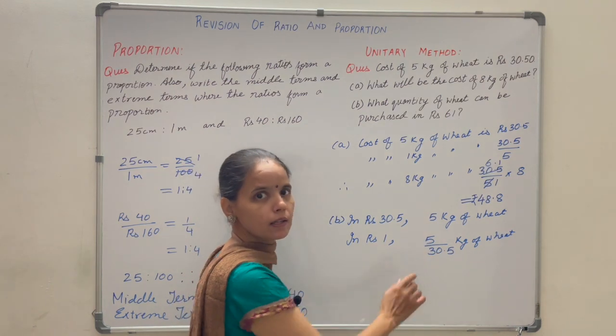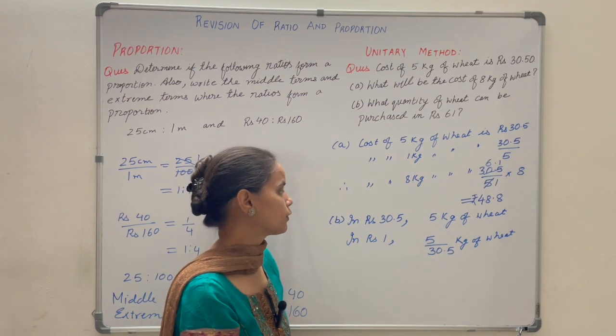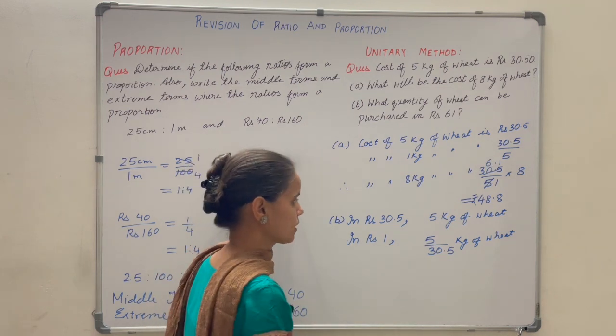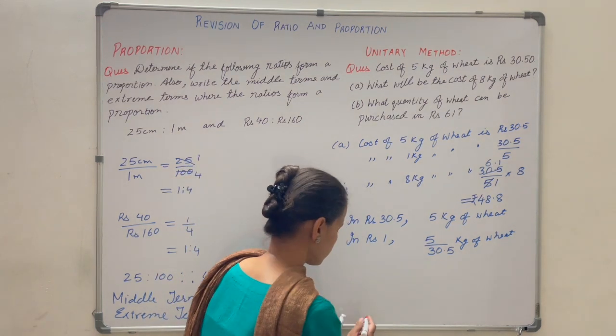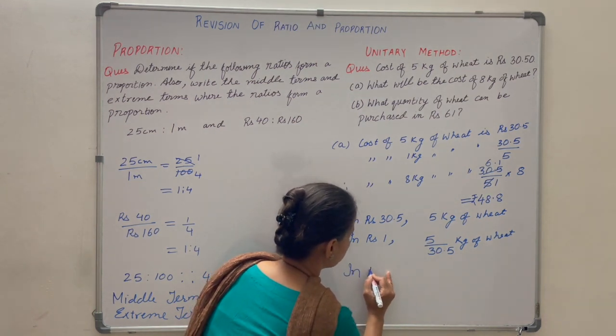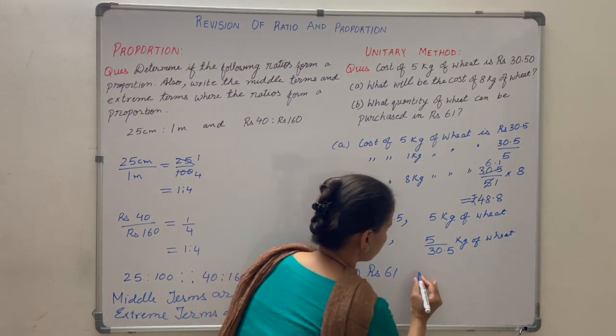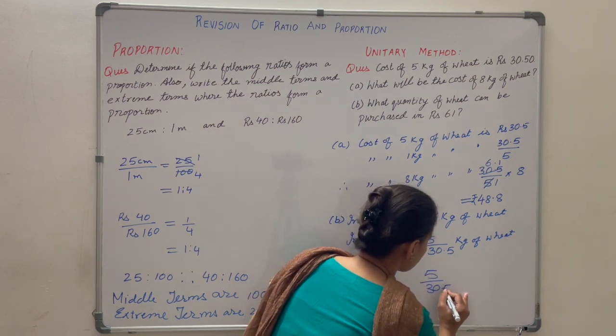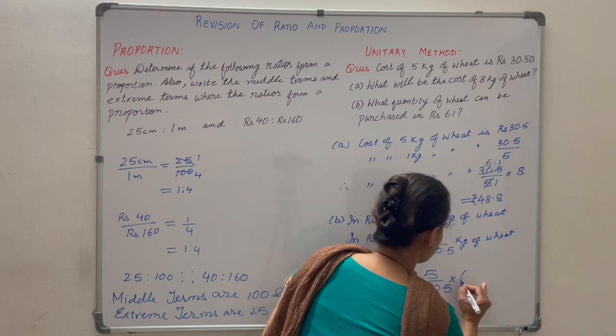This is for 1, so multiplied by 61 will give you the wheat you can purchase in 61 rupees. So in rupees 61, it is 5 upon 30.5 into 61.